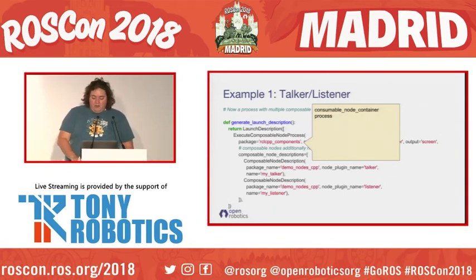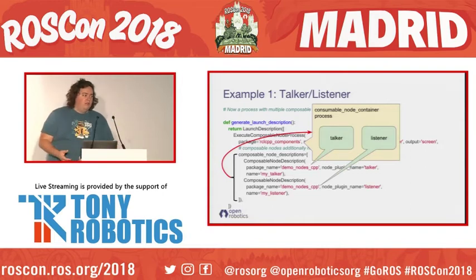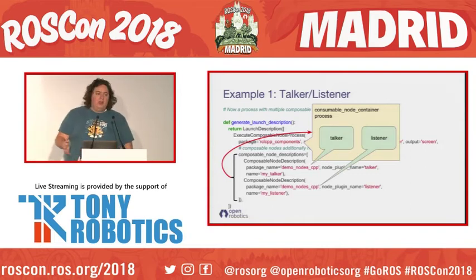And what's going to happen is that this executable is going to run, and then based on information given to it, it's going to go out to the system and find where these nodes are, usually in shared libraries, and it's going to instantiate both of them in itself. And then they're going to share threads and other kinds of resources and communicate with each other more efficiently.